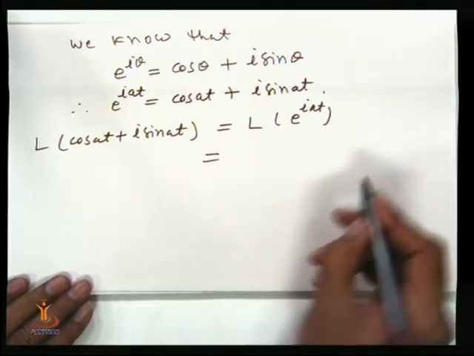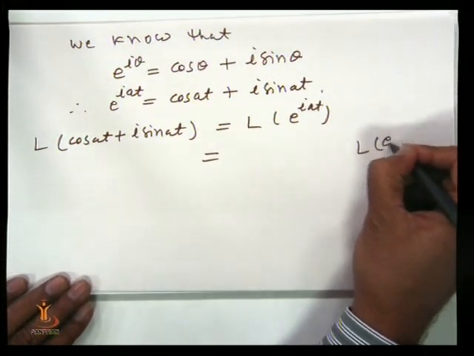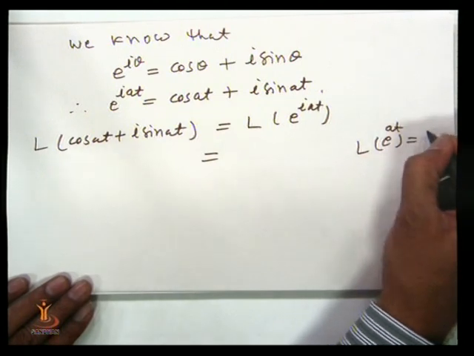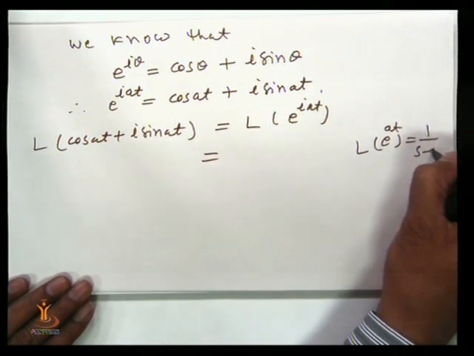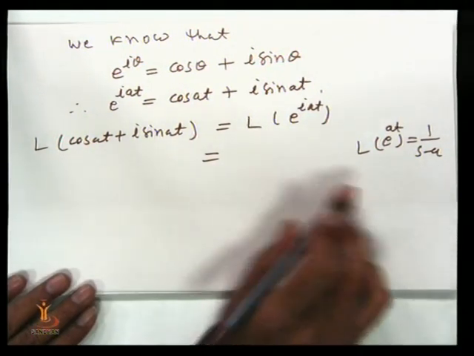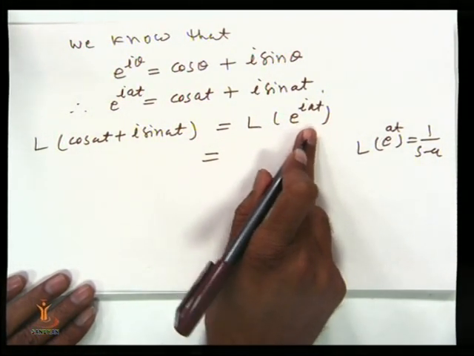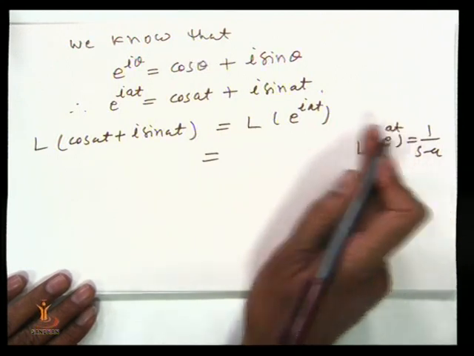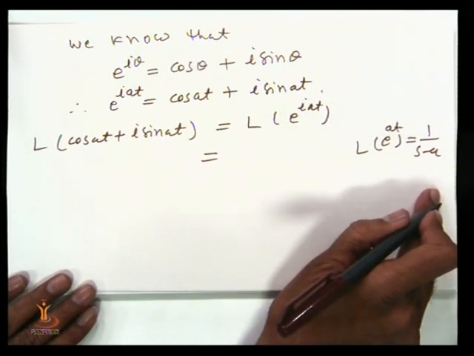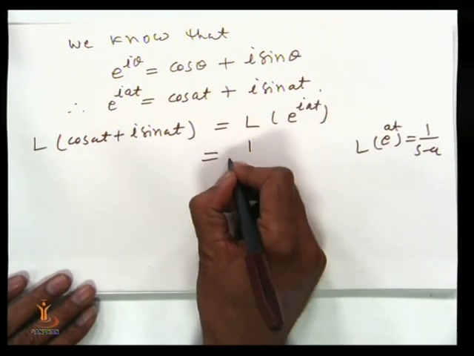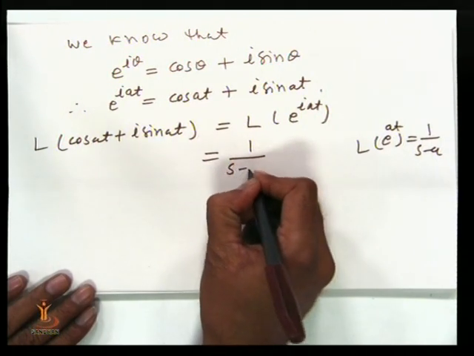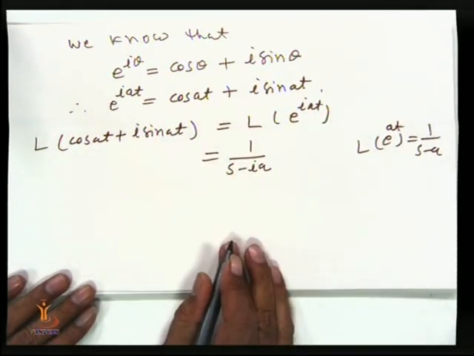Now in the right hand side we use formula Laplace of e raised to at. It is 1 upon s minus a. This is our formula. Here we have to obtain Laplace of e raised to iat, so we replace a by ia in this formula. So we get 1 upon s minus ia.